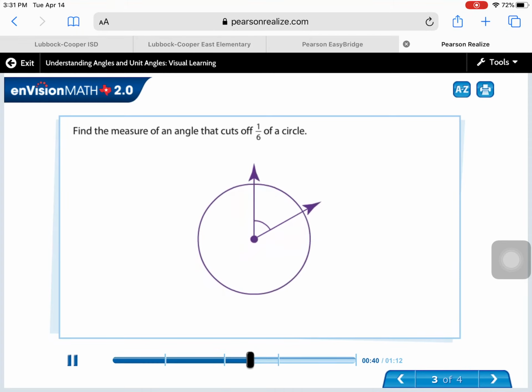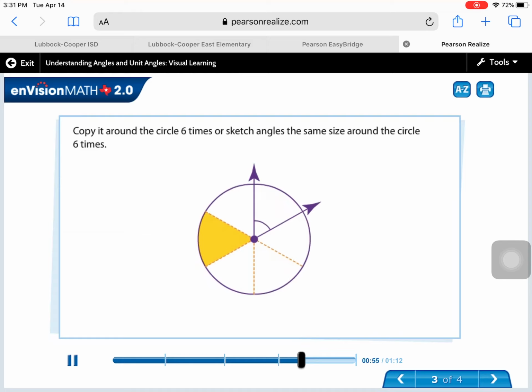Find the measure of an angle that cuts off 1/6 of a circle. How do you know that the angle cut off is 1/6 of the circle? Copy it around the circle 6 times or sketch angles the same size around the circle 6 times.